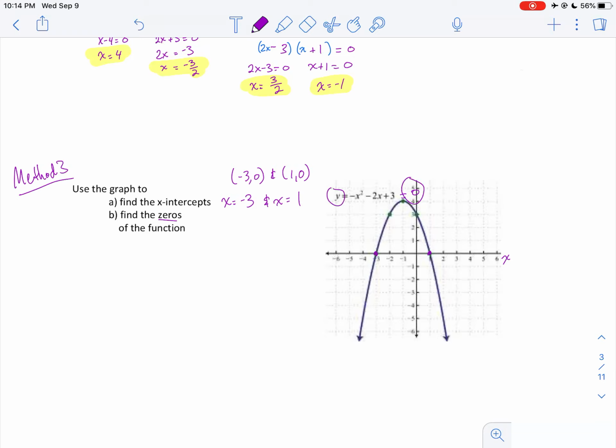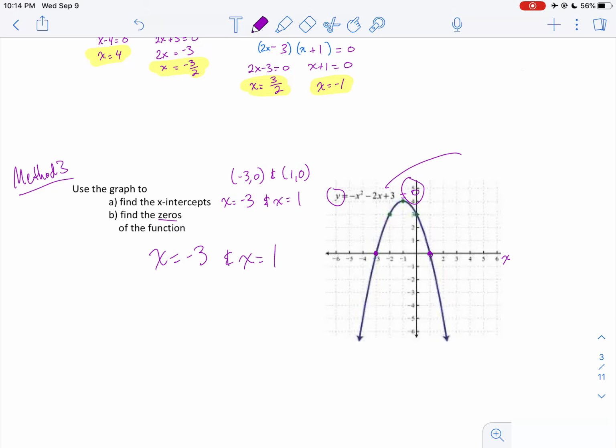Well, it's at the x-intercepts. It's here and here. So the zeros of the function are the same thing. So remember, we can find solutions on a graph as well as from the equation. And sometimes that's easier.